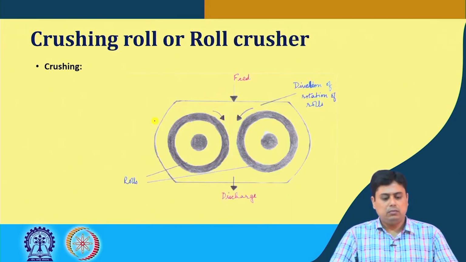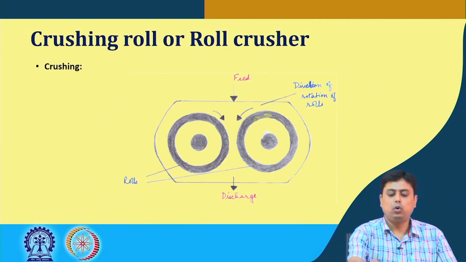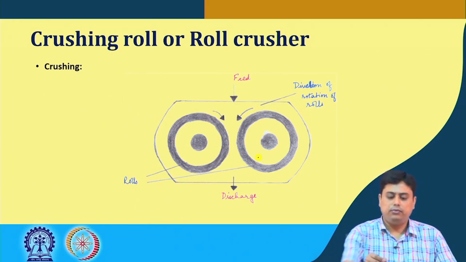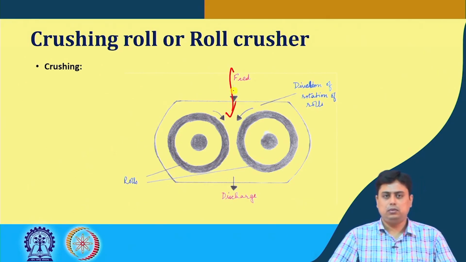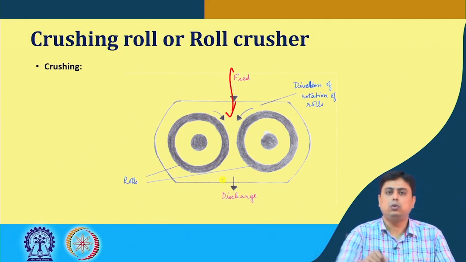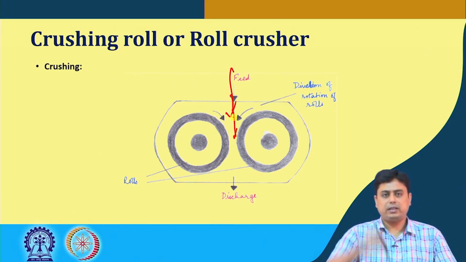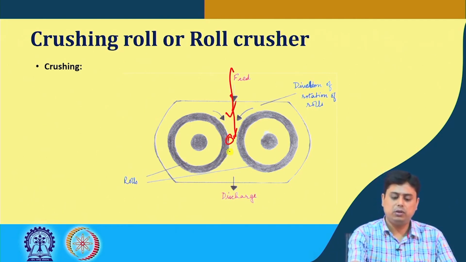The other mechanism with just the crushing, we can say, is the crushing roll or the roll crusher, which is very popular. So here what happens, there are two rolls that move in the opposite direction. Feed comes in from the top, and due to this opposite motion of both the rolls side by side, it takes the solid, it attracts them towards this gap where it is crushed between the two surfaces.